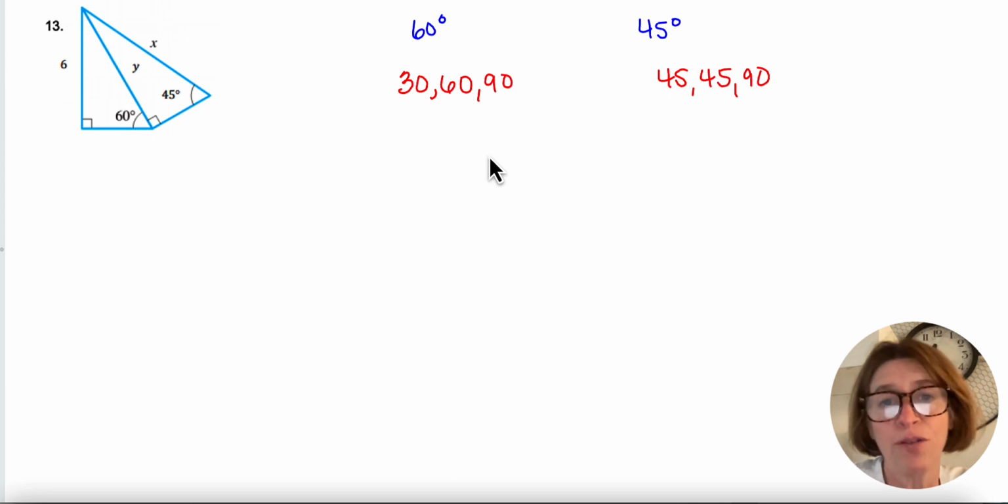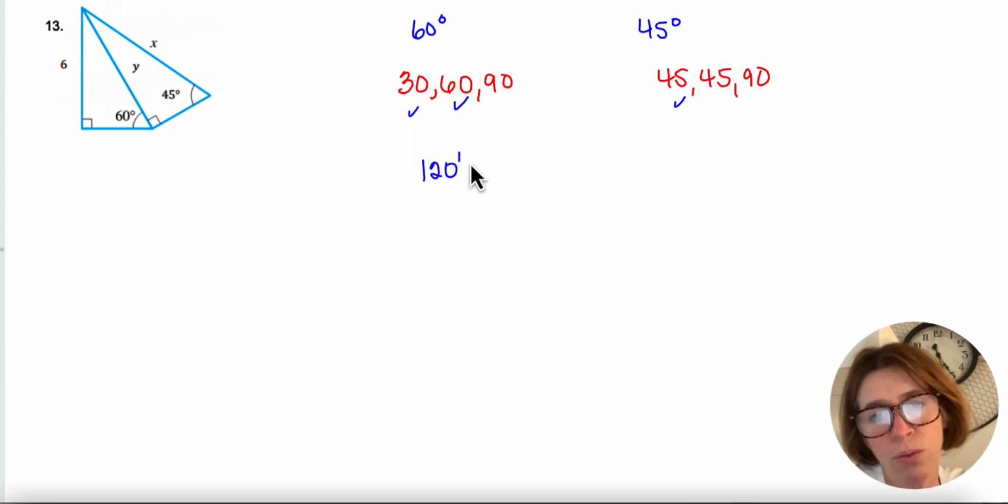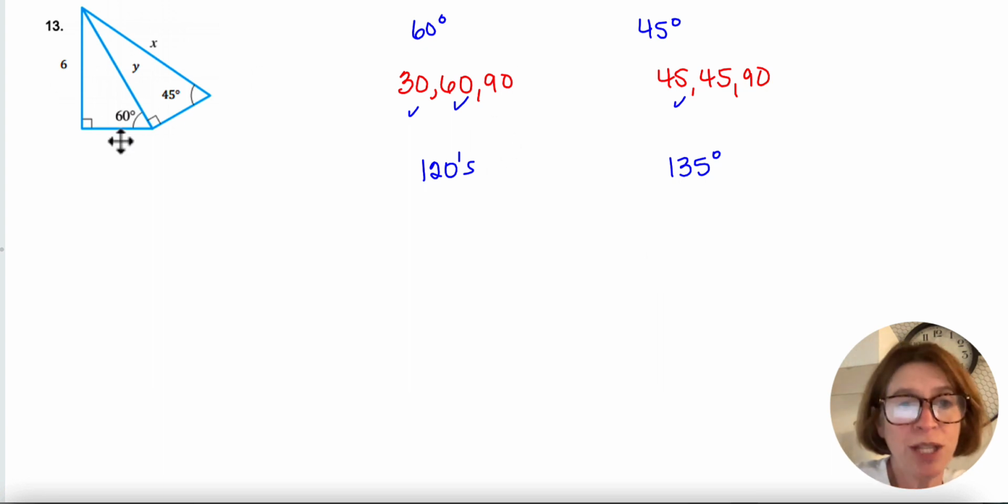So I tend to look for very key angles. I look for 30s, 60s, and 45s. I also look for 120s, because if I bisect 120, I get 60. I look for 135 because 90 and 45 add to 135, so I might be able to see a 45-degree angle in there. But on this particular question, I see the 60 and I see the 45.